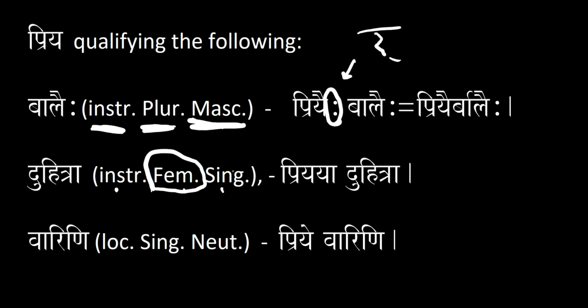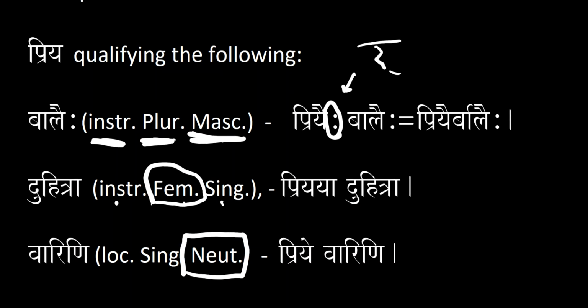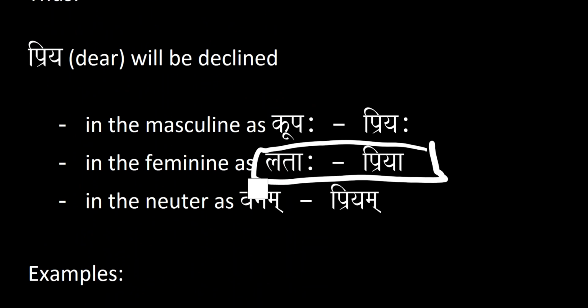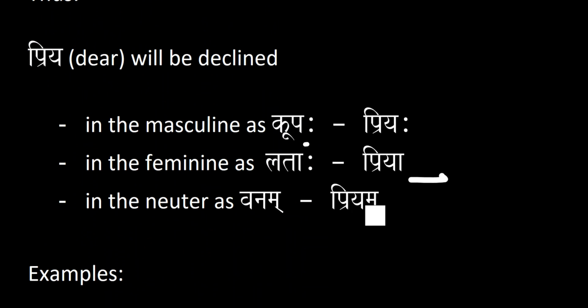And last but not least, our final example is varirni. That is locative, singular, and neuter. Since we are working with a neuter gender, we are going to have to decline priya this time like vanam.